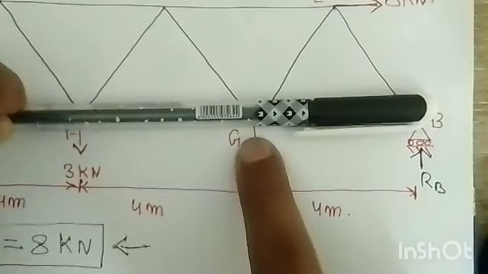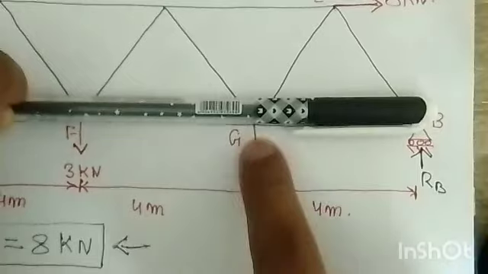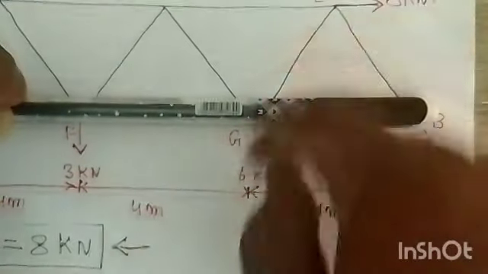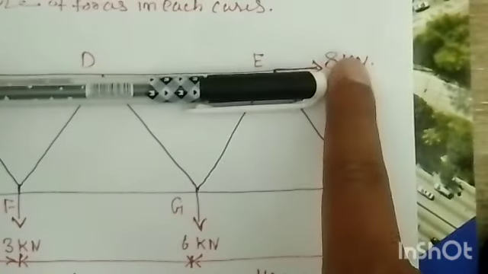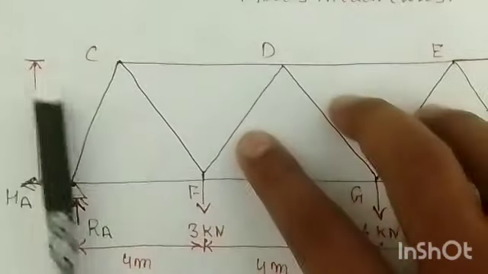At G, the 6 kilonewton load is acting downward. When this load acts like this, how will it go? It goes clockwise, and because of this also the clockwise moment. Let's say this force, 8 kilonewton, is acting horizontally, and the vertical distance is shown as 1.5.